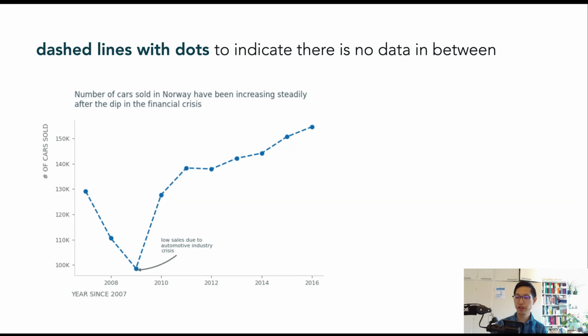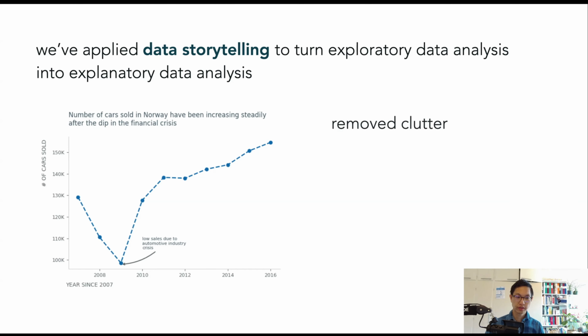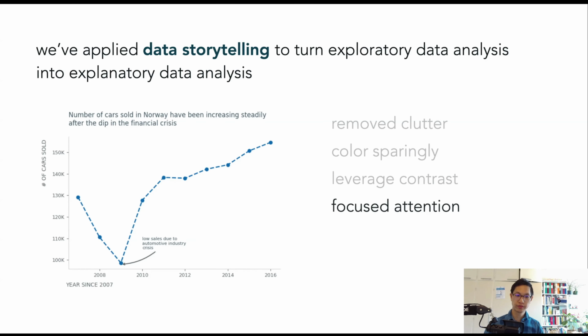There's a lot of different variations which you can make depending on the story. So what have we done? We've applied data storytelling to turn exploratory data analysis into explanatory data analysis. We have removed clutter. We have used color sparingly. Leveraged contrast.